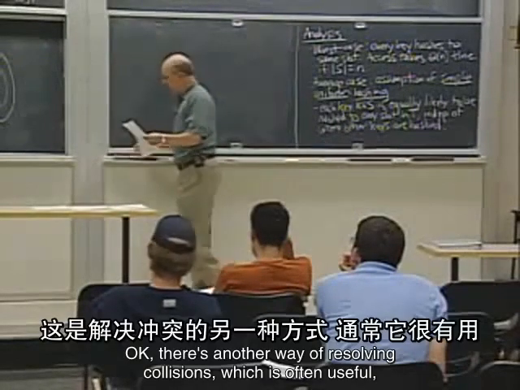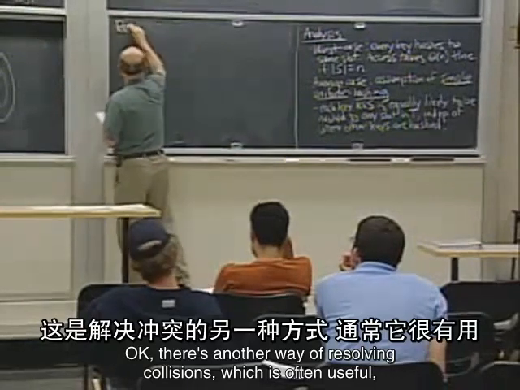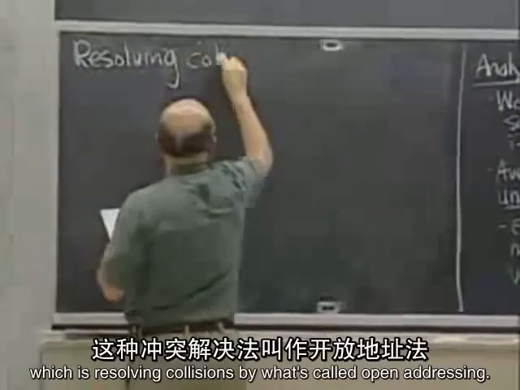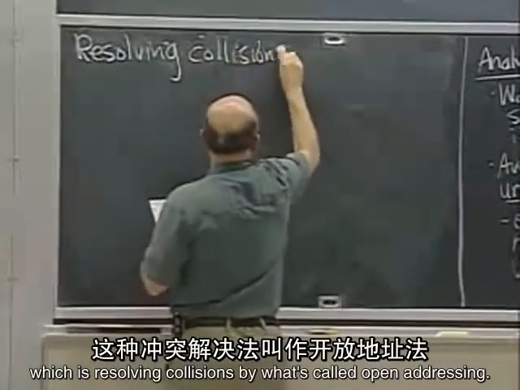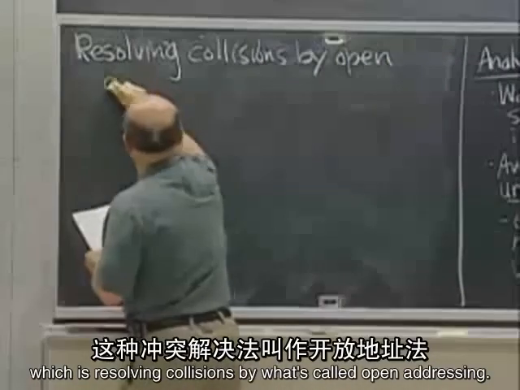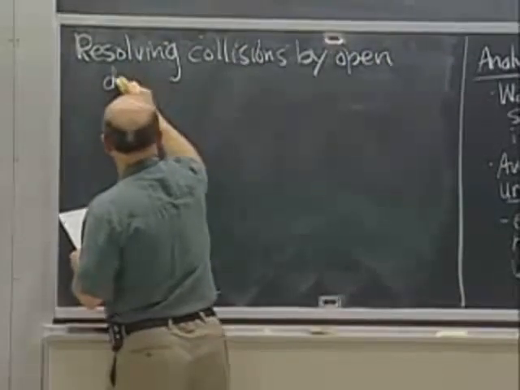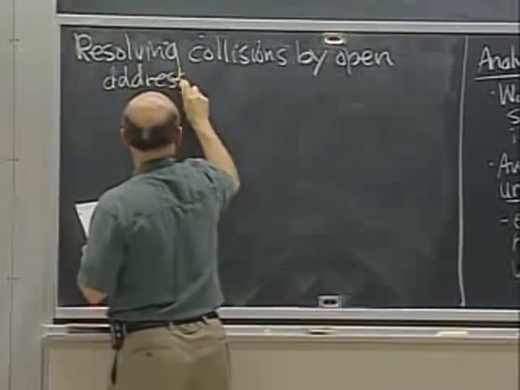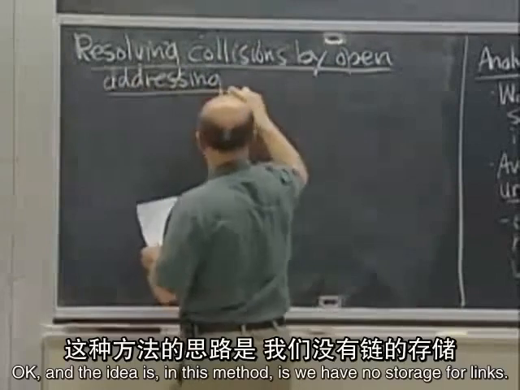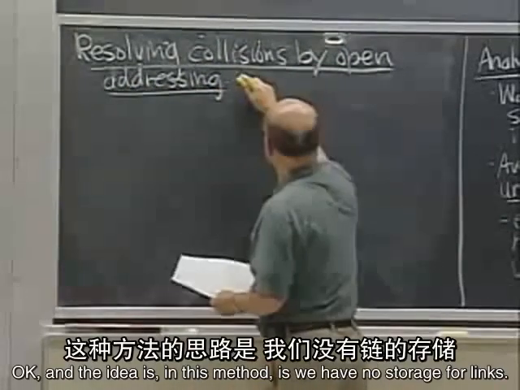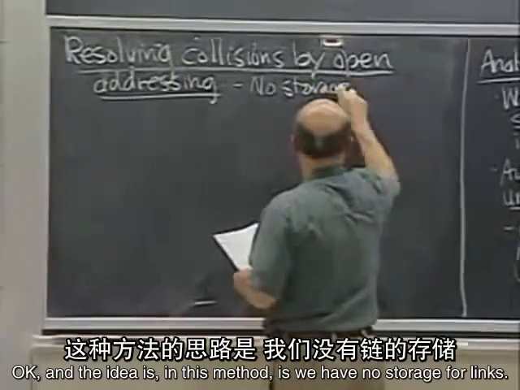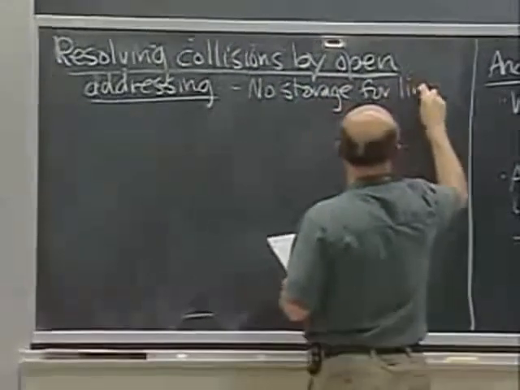There's another way of resolving collisions, which is often useful, called open addressing. The idea in this method is that we have no storage for links.